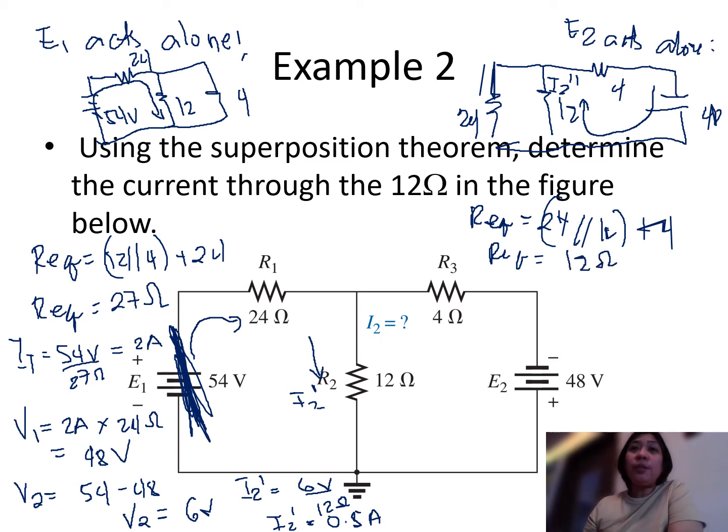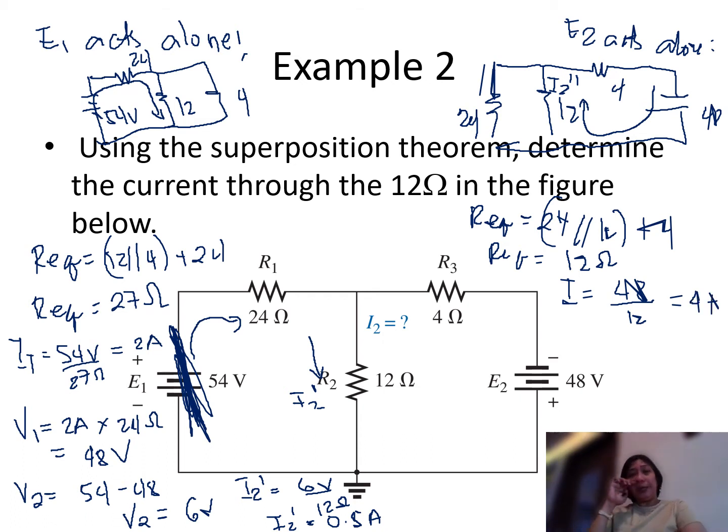Then we solve for the total current. The total current now is 48 divided by 12. 48 divided by 12 will give us 4 amperes.